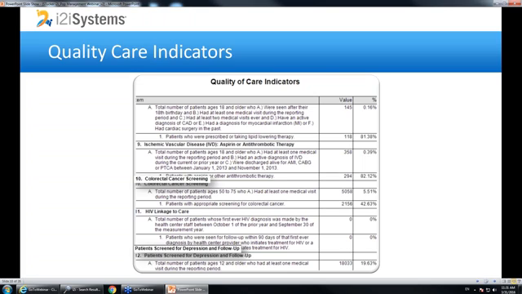We use our cultural liaisons to speak to the population they felt identified with. And with that, we were able to increase our colorectal cancer screening from 32% to 51% at the end of 2015.